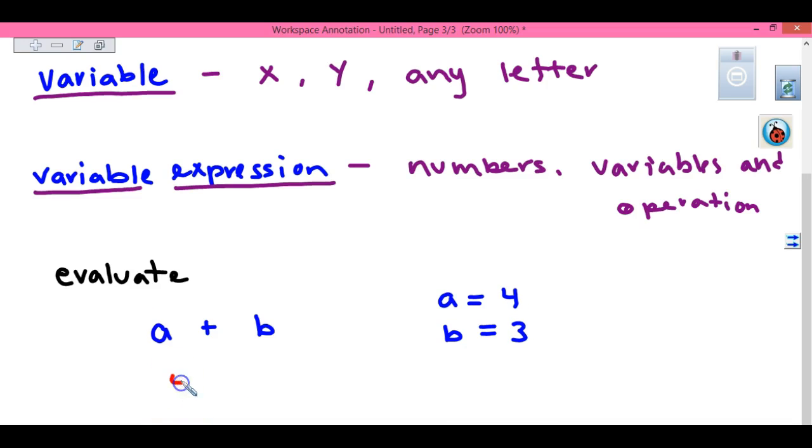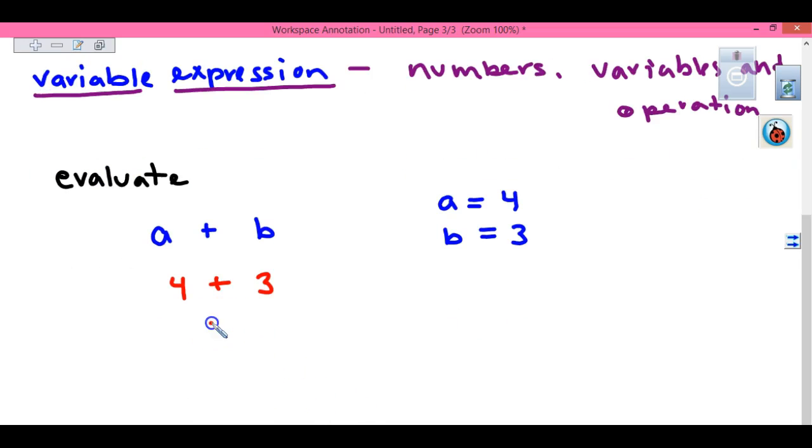We would replace it, we would substitute it. So 4 plus 3, and when I evaluate that, what do I get? 7. So in other words, if you see an instruction as evaluate, what does that mean? Solve it, right? Okay.